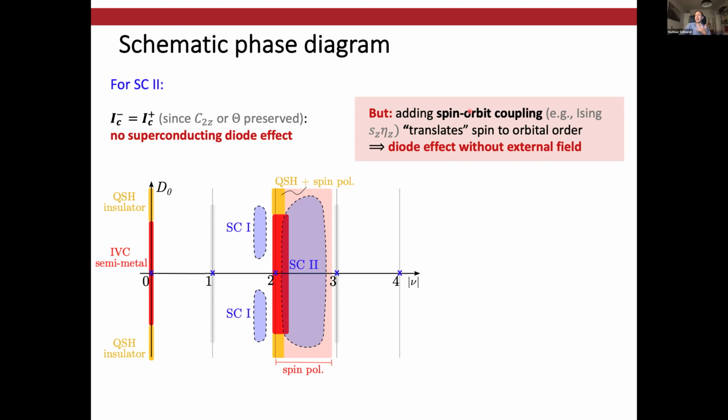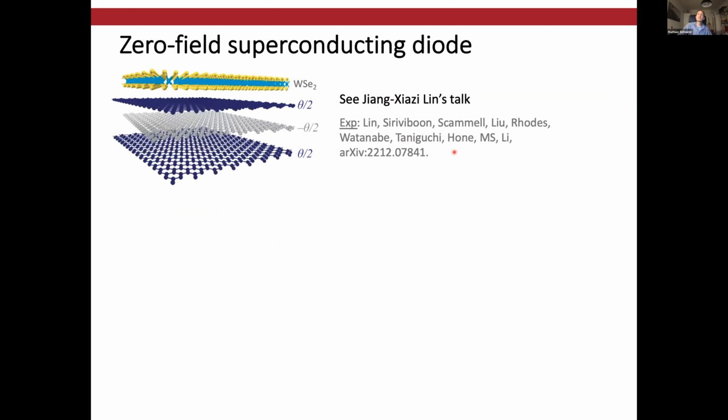For instance, you add spin-orbit coupling, like Ising spin-orbit coupling, which couples the spin S to the Valley degree of freedom, which generates a little bit of Valley imbalance. Then you've broken all the symmetries that you need for a diode effect, but at zero magnetic field. This was the motivation to very carefully look for the diode effect in trilayer graphene tunnel coupled to tungsten diselenide, which induces spin-orbit coupling.